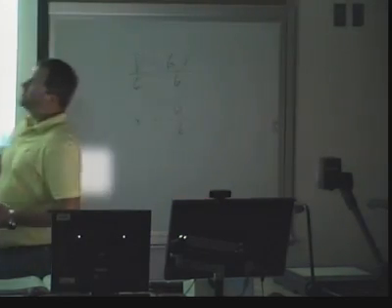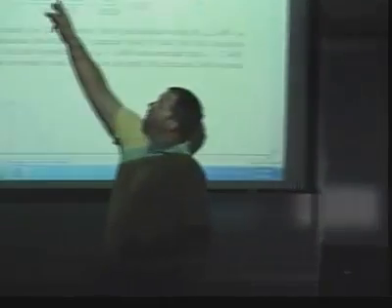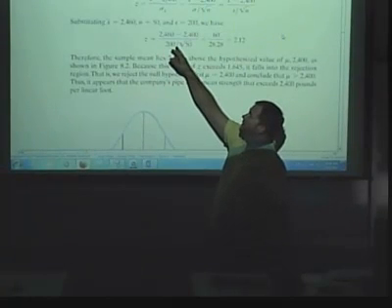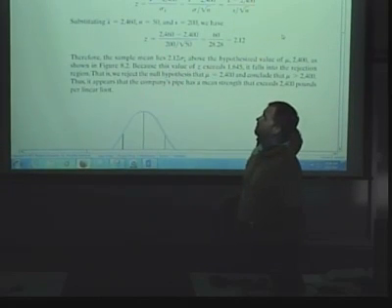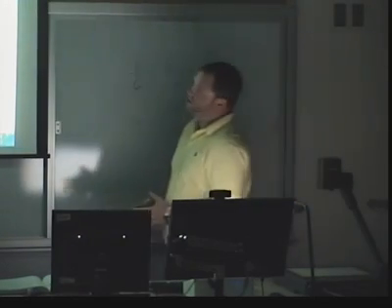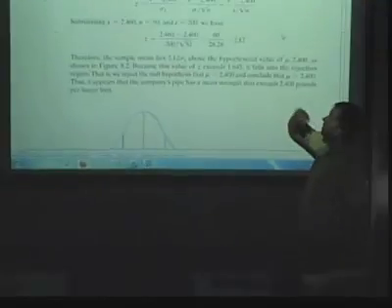Well, we plug it into our z-score: X bar minus mu divided by sigma over square root of n. That's our z-test that we've seen. Here it's our sample standard deviation, S over square root of n. They go through it and they get z to be 2.12.